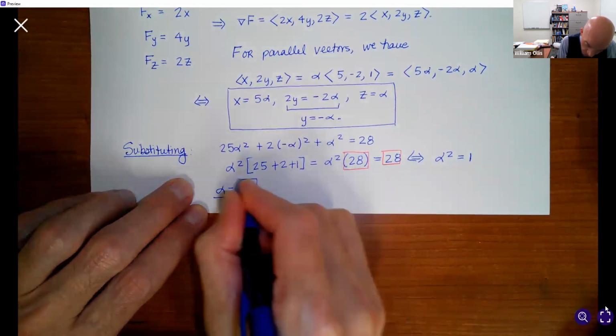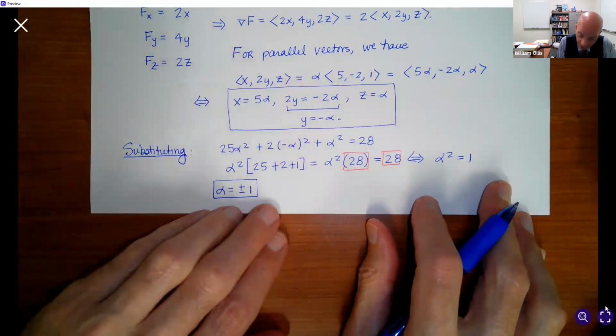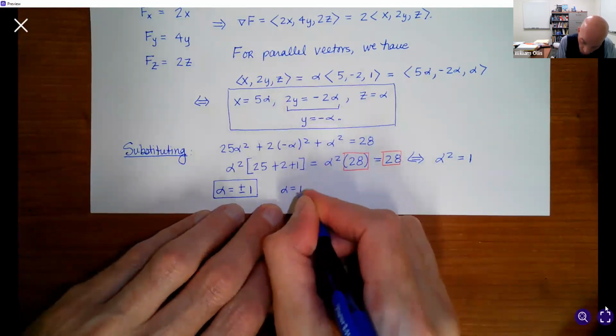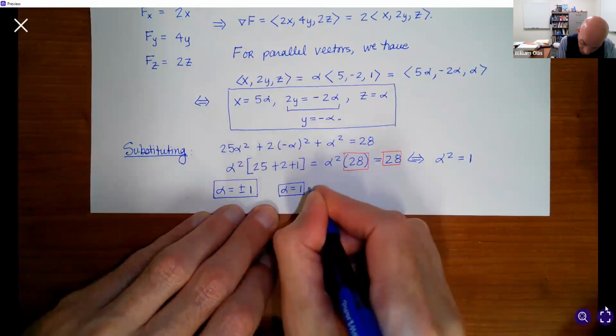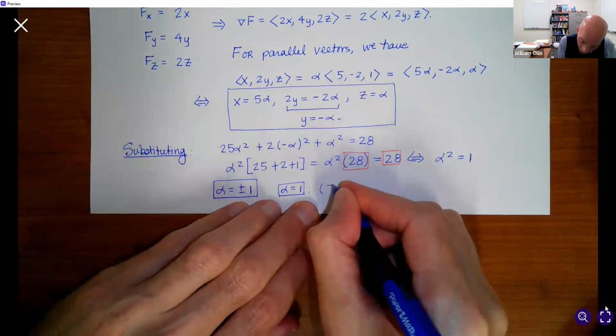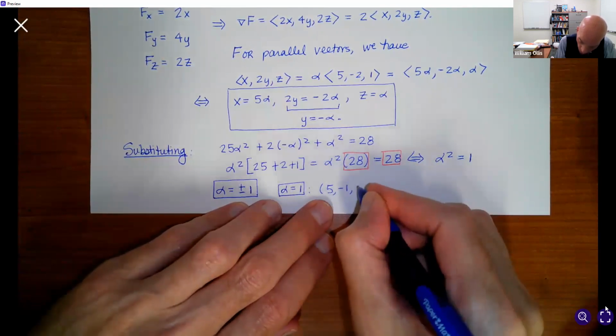These values of alpha will give us the parallel condition that we need. For alpha equals 1, we simply go to our coordinates: 5, negative 1, 1.